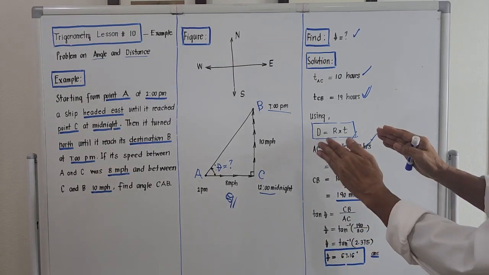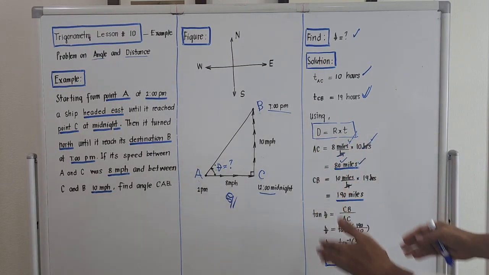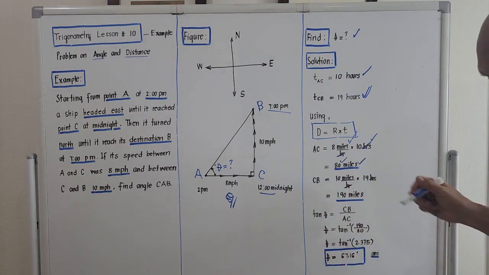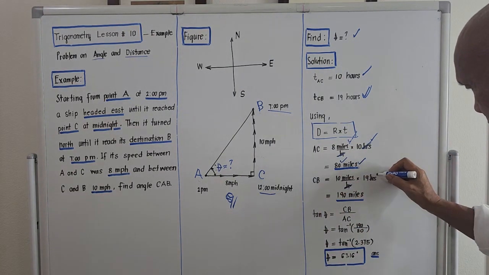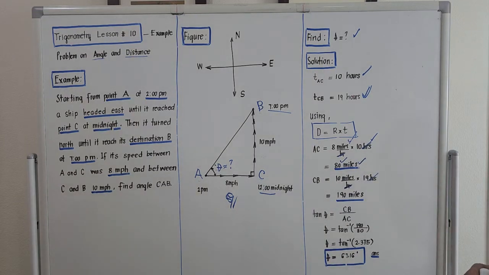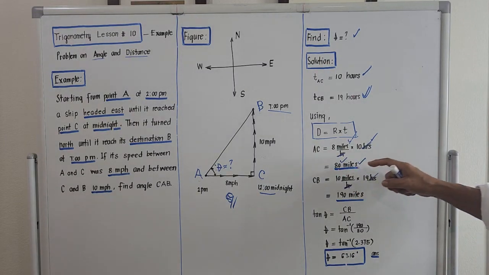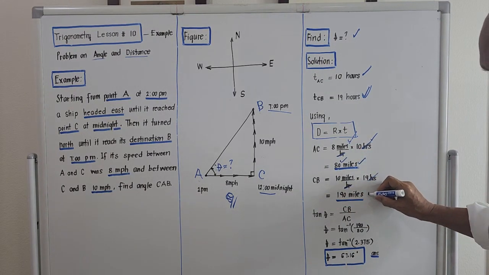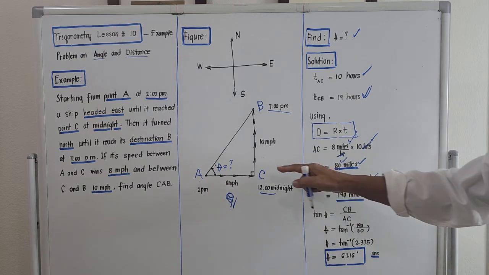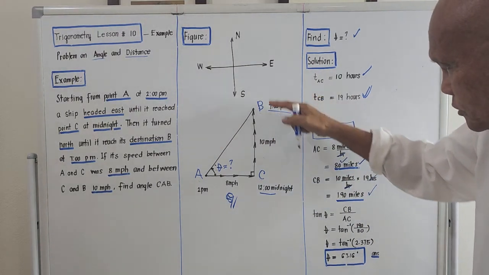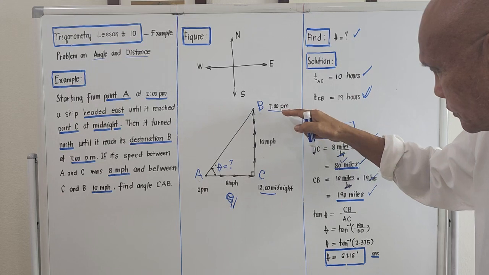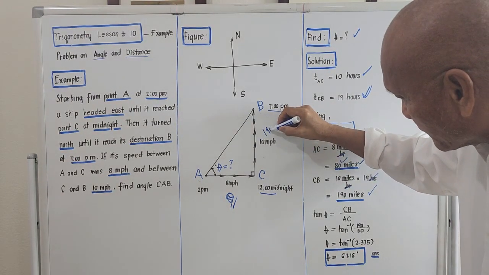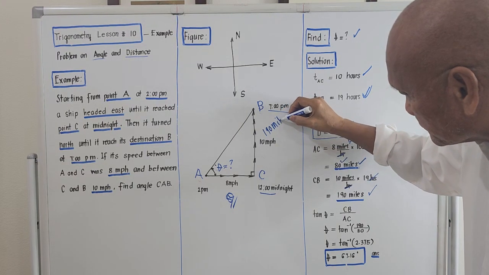Again, the operation is all multiplication, so this hour cancels with this. 10 times 19 will be 190, and the unit should be miles. So from C to B, if the speed is 10 miles per hour and it consumes 19 hours, the total distance should be 190 miles.